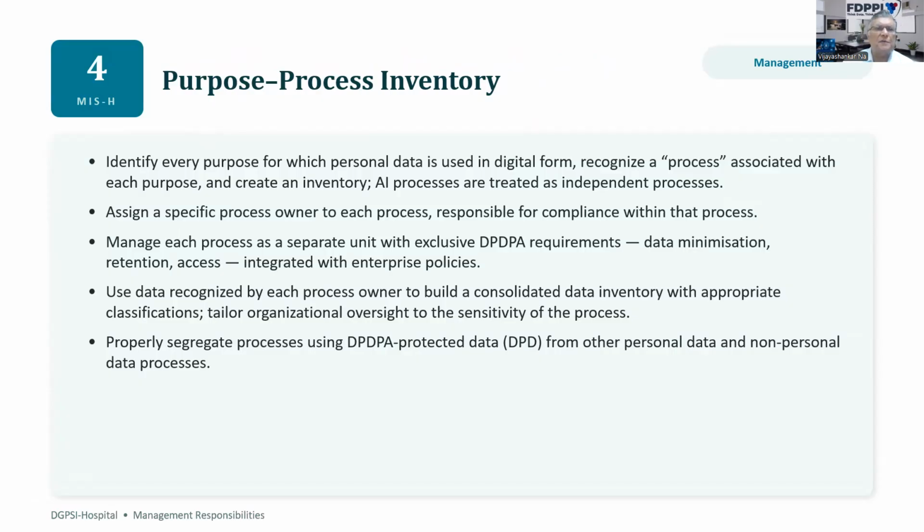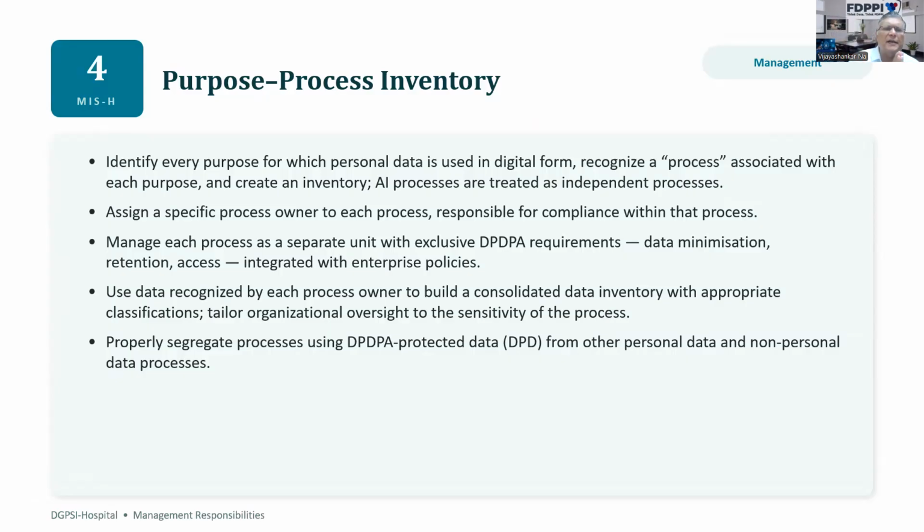Now, implementation specification 4 is regarding the process inventory. It is a basic principle of DGPSI that the activities of an organization are broken up into multiple processes, each process representing a purpose, and we create an inventory of such processes.